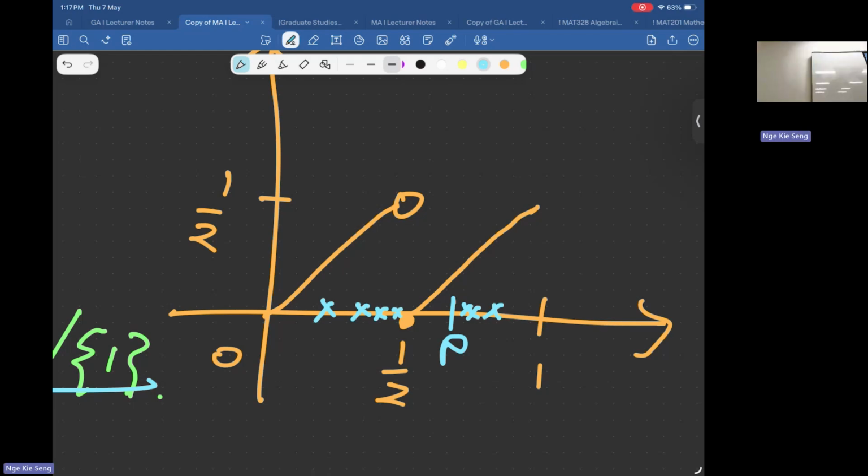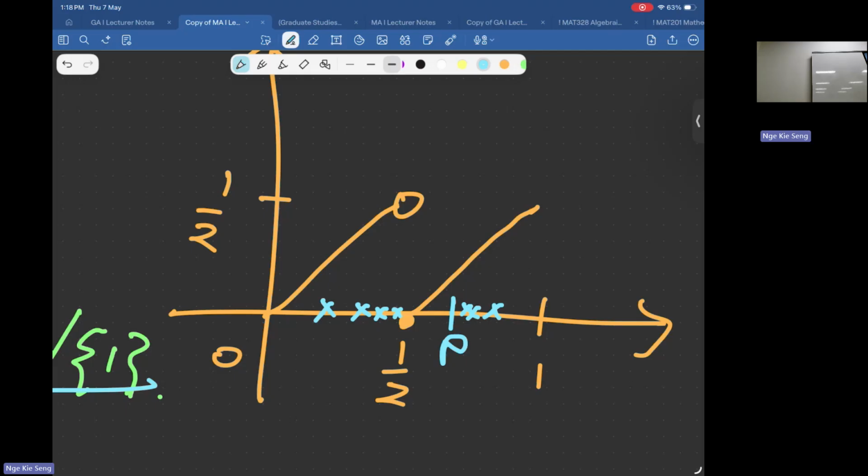So maybe some of your f(x) is x, some of your f(x) is x minus 1. But the point here is the limit of this sequence is p. So for large enough n, your sequence should live somewhere around p, avoiding half.